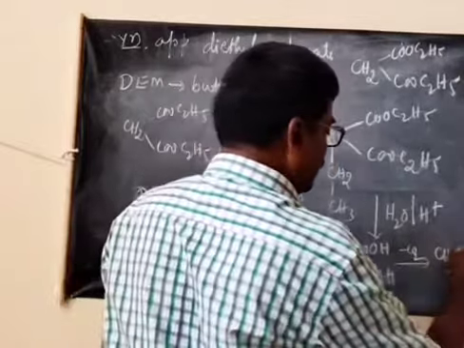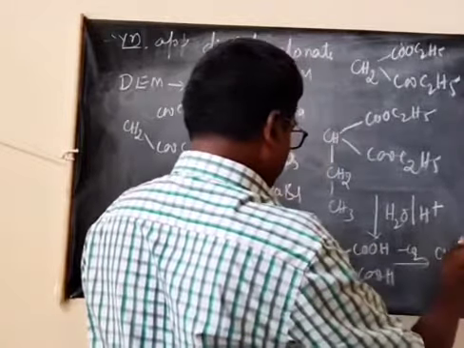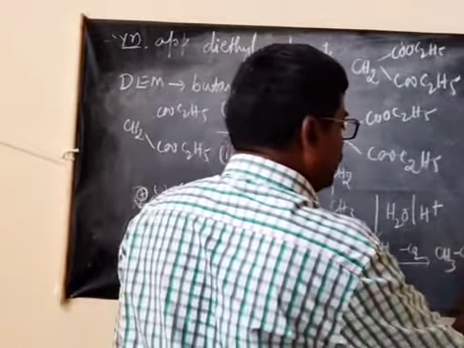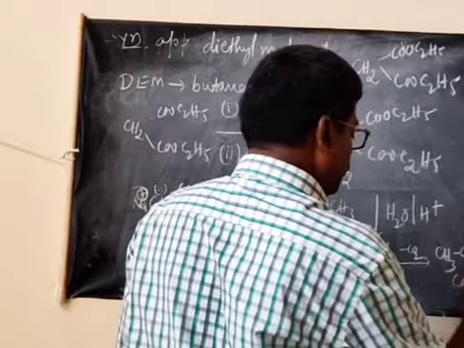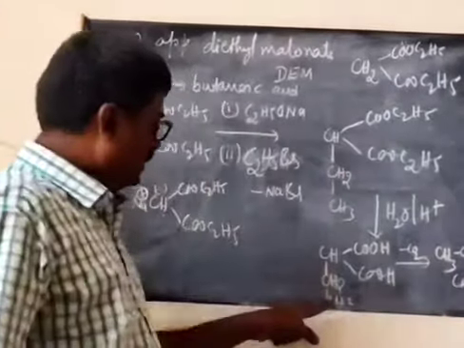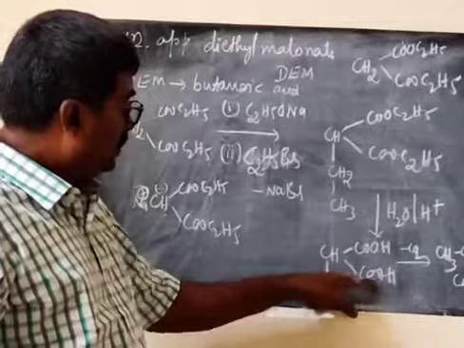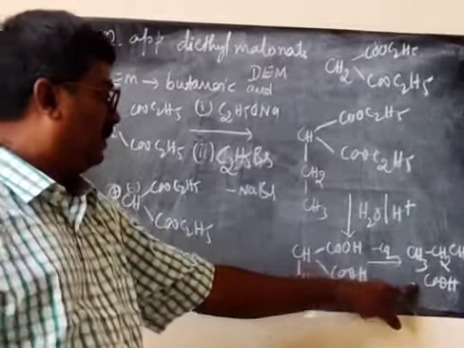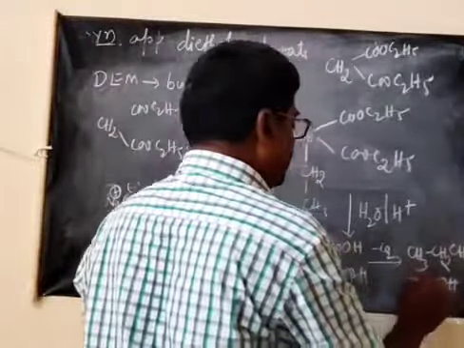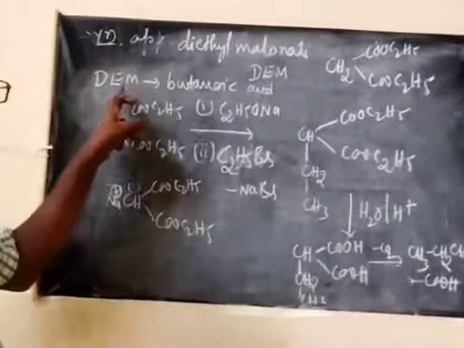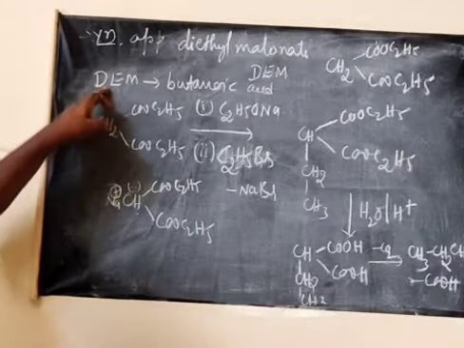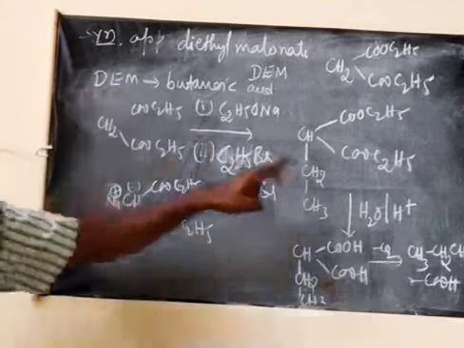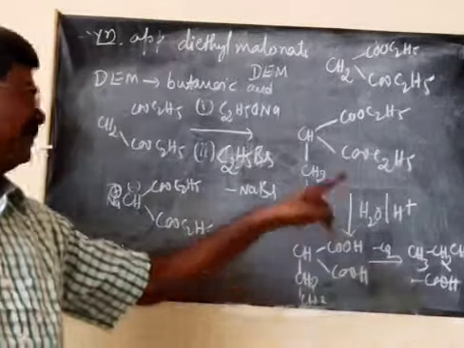So minus CO2 gives CH3CH2CH2COOH. So this is butanoic acid. This is how diethyl malonate is converted to butanoic acid.